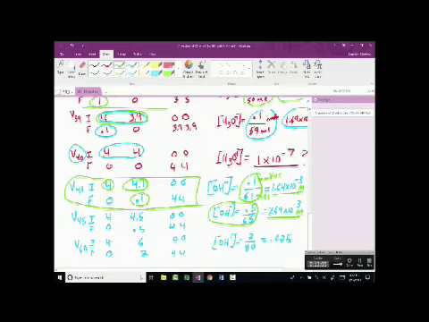And the final one, at a volume of 60 milliliters of sodium hydroxide, I have 4 millimoles of HCl, 6 millimoles of sodium hydroxide, and I end up with 2 millimoles of sodium hydroxide left over, and 80 milliliters, which gives us 0.025 molar.